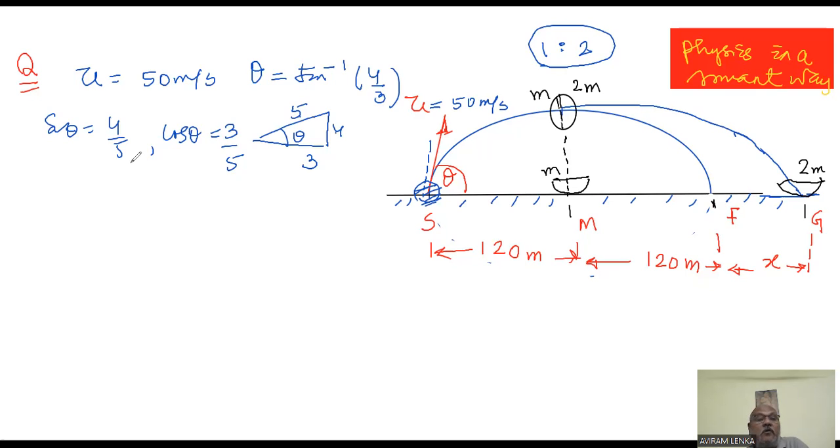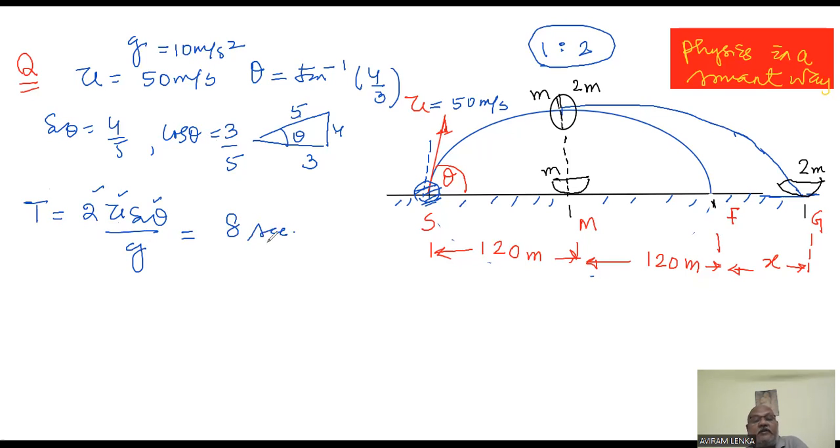So far as time of flight formula is concerned, it will be equal to 2u sin theta by g. When you put down the values, 2 is 2, u equal to 50, sin theta equal to 4 by 5, g equal to 10. Yes, one thing I have forgotten, acceleration due to gravity is to be taken as 10 meter per second square. It's a usual phenomenon. So when you put down the values, it will come out as 8 seconds.